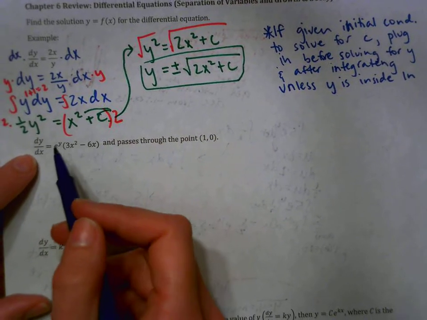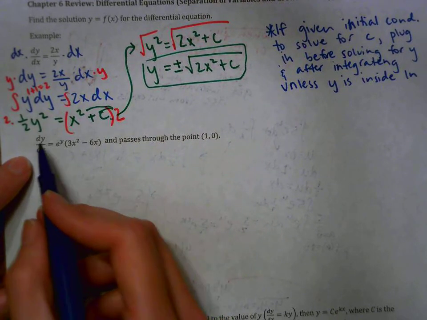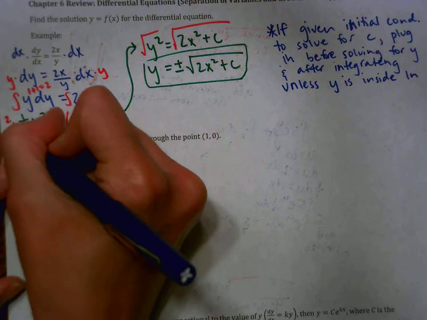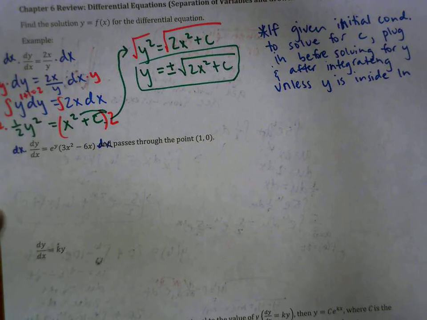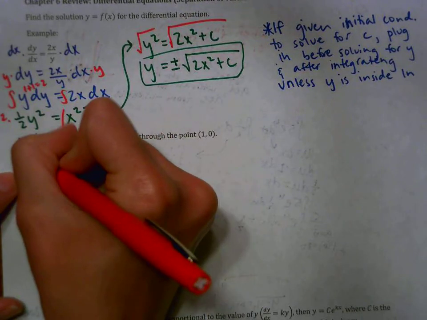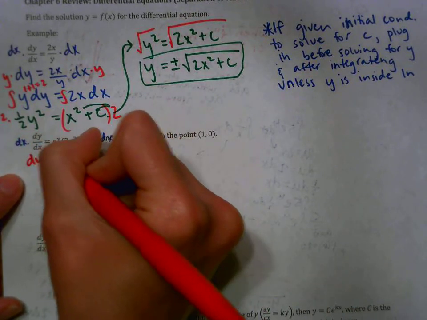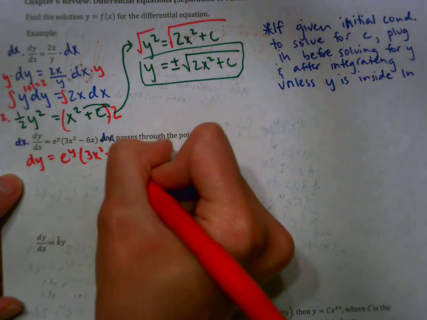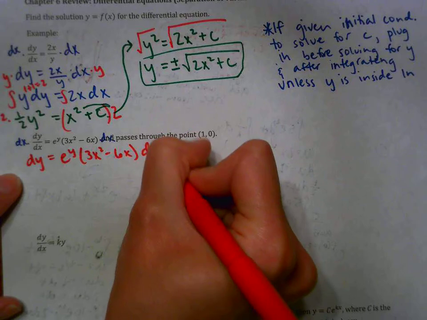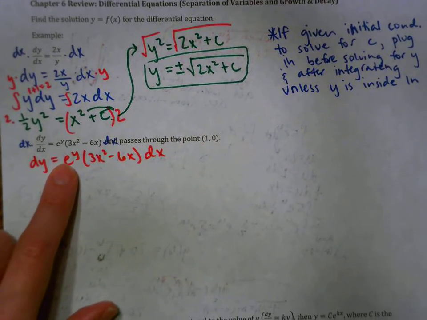So on this one, we need to first move our dx over, which you don't have to show the actual multiplication, but you do on these type of problems. You need to show every step because they want to see the separation. So we have times dx. Now we need to move over this e to the y.